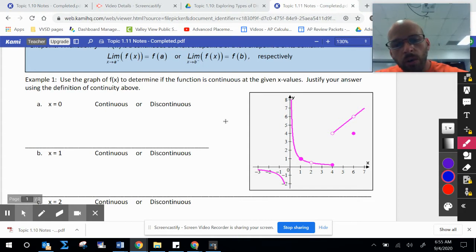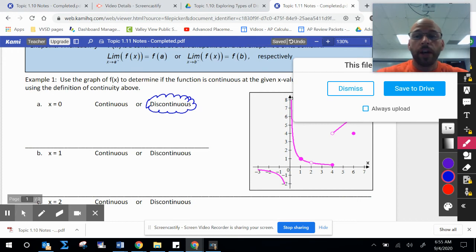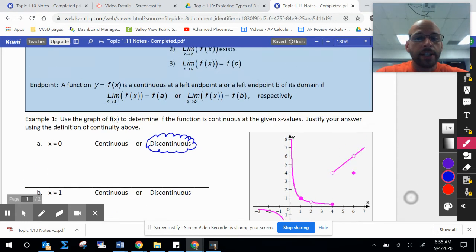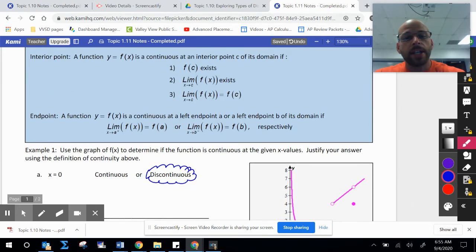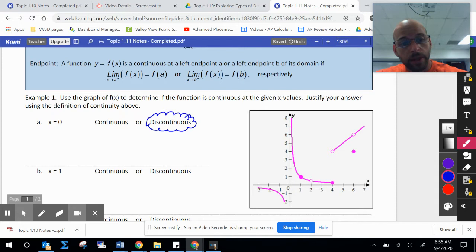So logic is going to tell us that it's discontinuous, right? But I need you to be able to justify your reasoning. So the idea here is if it's discontinuous, then it has to fail one of these three things. And ultimately, it fails all of them, right?